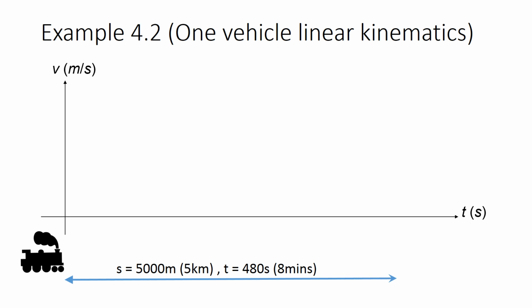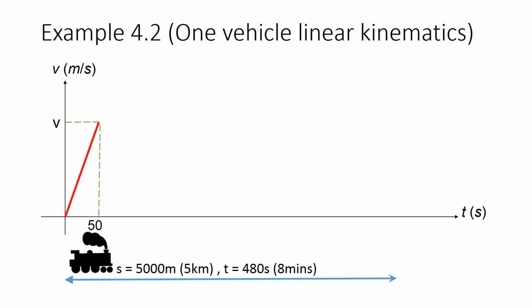The total displacement is 5,000 meters, which is in SI units, and the total time taken is 480 seconds, which is equivalent to 8 minutes. Now, the train, as described in the problem statement, accelerates uniformly in the first 50 seconds.